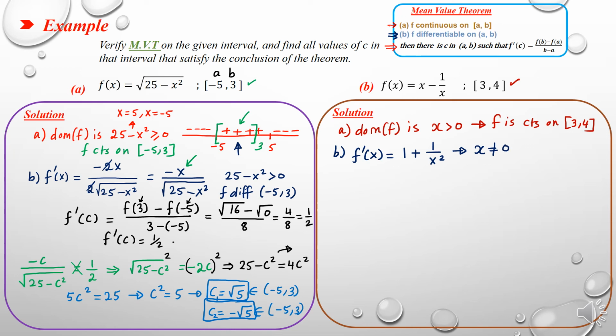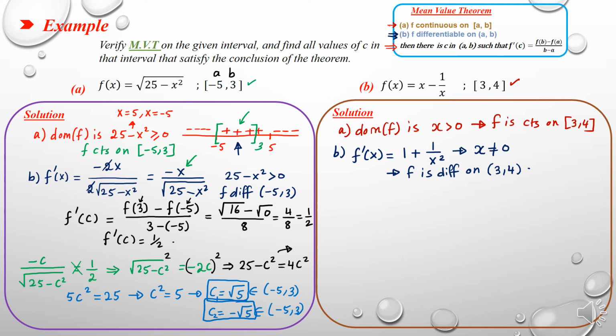In our interval we don't have any 0 because we are talking from 3 to 4, so there are no zeros in the interval. So f prime is defined in our interval, and hence f is differentiable on the open interval from 3 to 4.